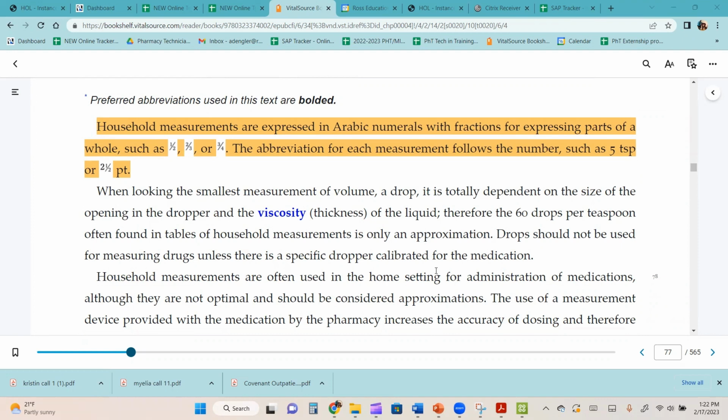The abbreviation for each measurement follows the number. So, for example, 5 teaspoons or 2.5 pints. So with the household system, if our number doesn't come out to a whole number, it needs to be expressed in fraction form. And we'll do some examples, so don't worry.